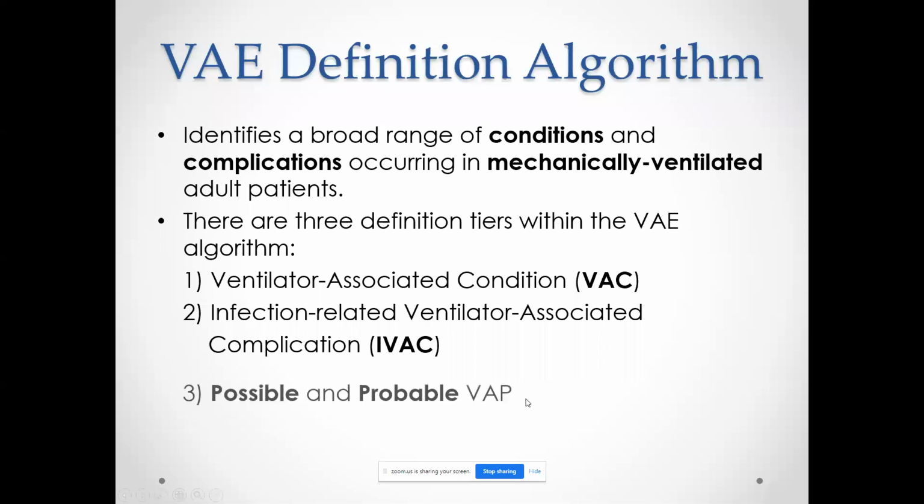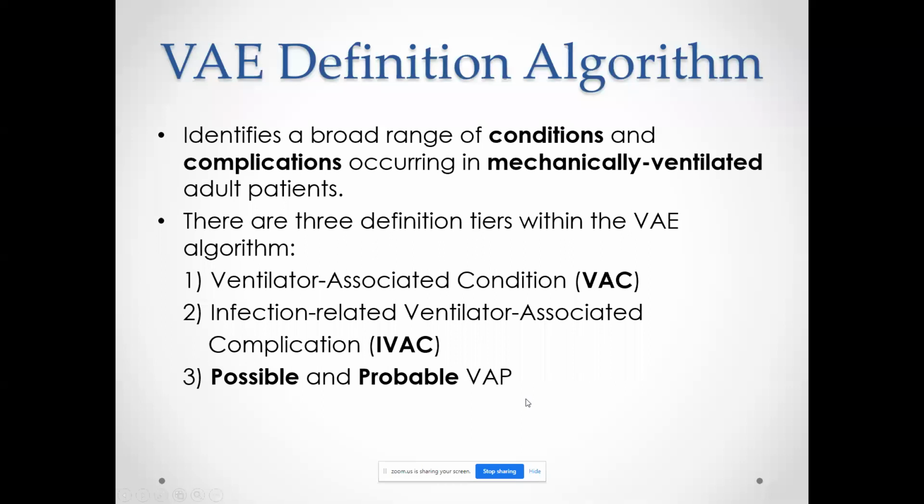Just for your information, there are 2 or 3 steps before reaching VAP. Even if you intubate the patient and after 48 hours of intubation the patient develops ventilator associated pneumonia, I will not diagnose it immediately. There are early signs and symptoms.